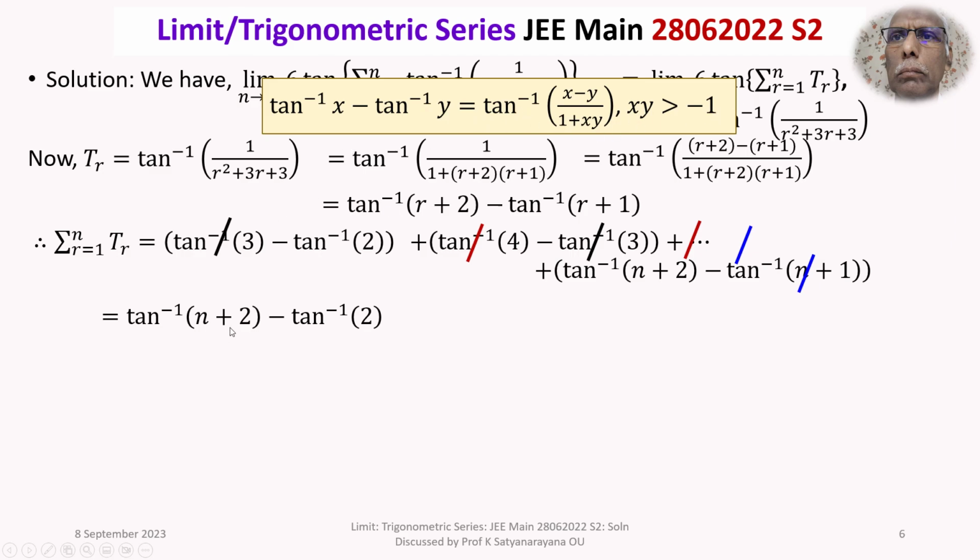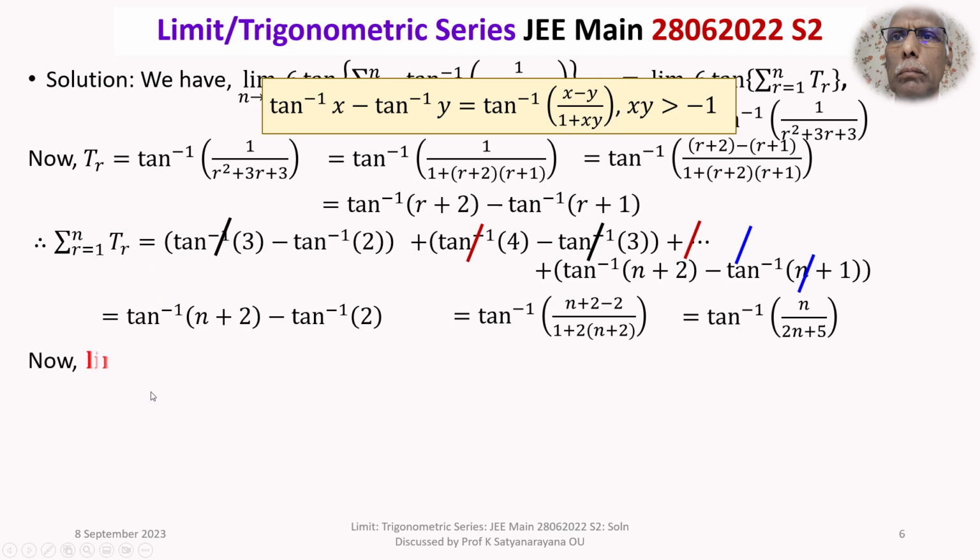So tan inverse of n plus 2 minus tan inverse of 2 is tan inverse of (n plus 2 minus 2) by (1 plus 2 into n plus 2). In the numerator 2 and minus 2 cancel, and in the denominator it is 2n plus 5. So sigma r equals 1 to n of tr equals tan inverse of n by 2n plus 5.